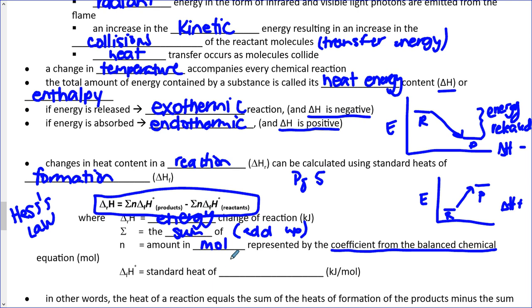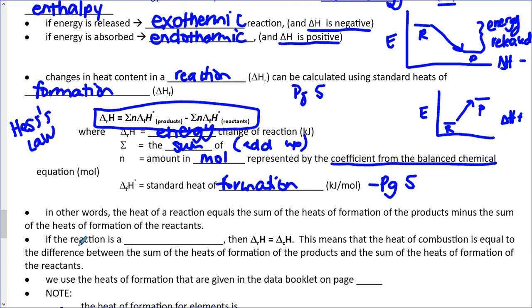What you need is your standard heat of formation, which again comes from the data booklet on page 5. So to try to make what looks like a kind of gross equation into words, it says the heat of reaction equals the sum of the heats of formation of the products minus the sum of the heats of formation of the reactants.